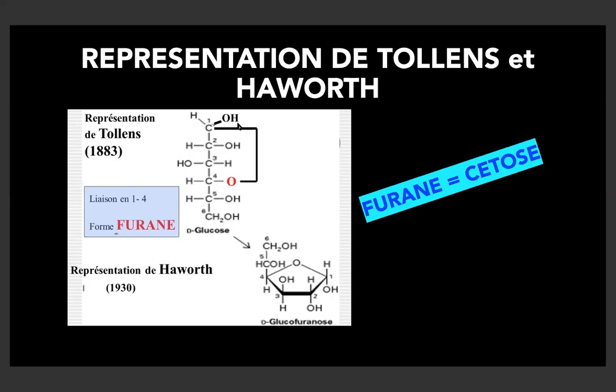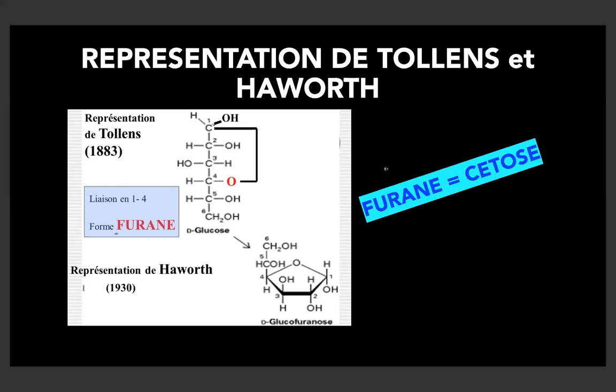Furan oxidic bonds will always be formed from cetones. Then we are saying this bond lies between carbon number 1, which is here, and carbon number 4.